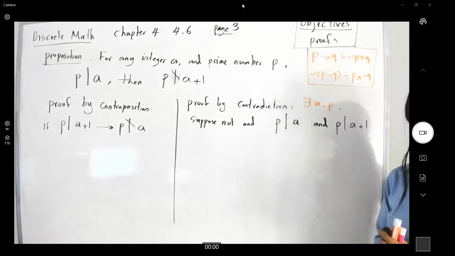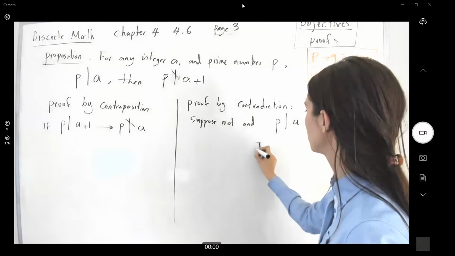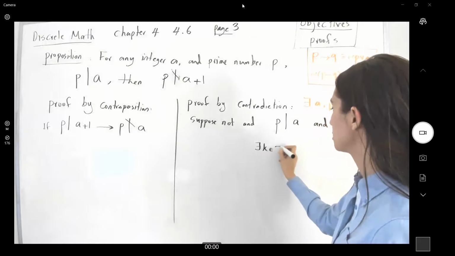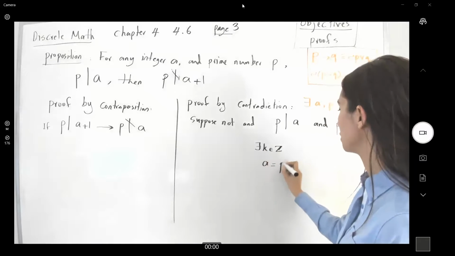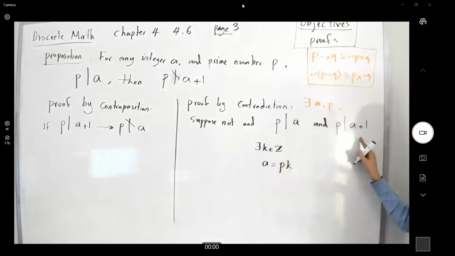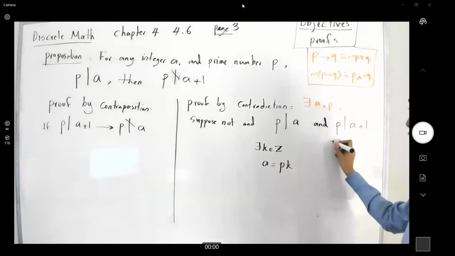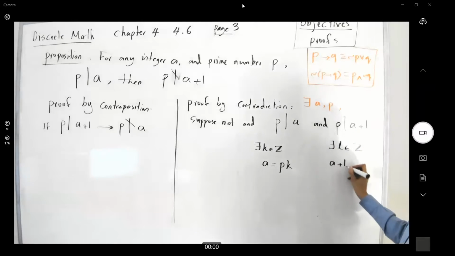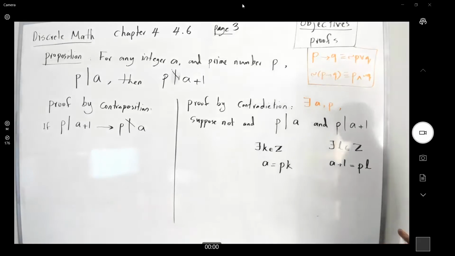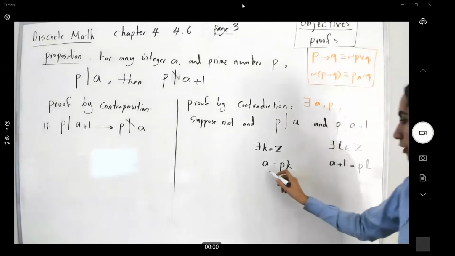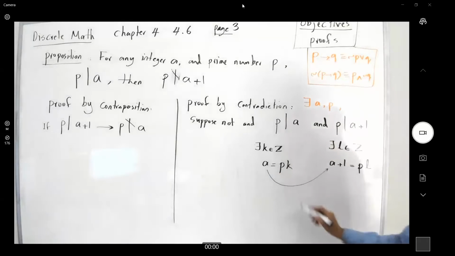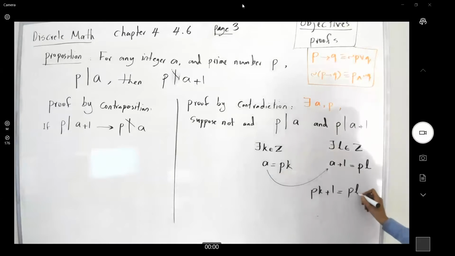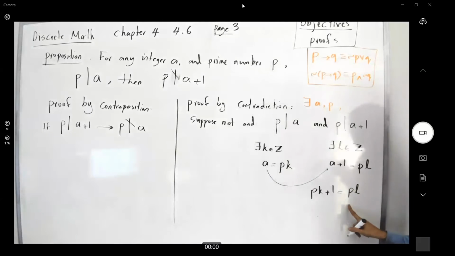If p is a factor of a, it means that we can find an integer k such that a is pk. If p divides a plus 1, you can find another integer l such that a plus 1 is pl. Okay, perfect. If I substitute a here, I get pk plus 1 equals pl. Remember, p is a prime number.